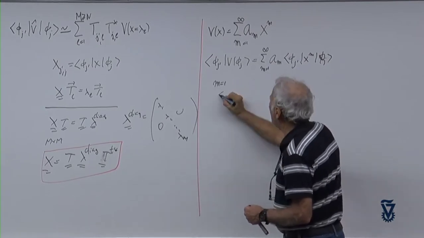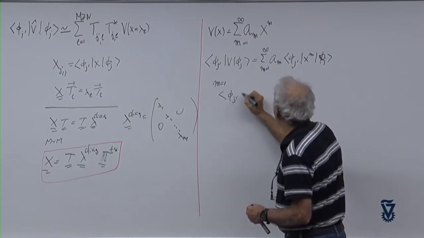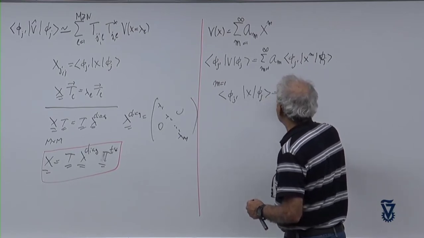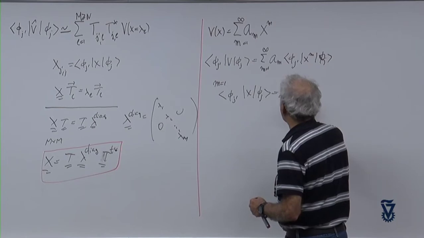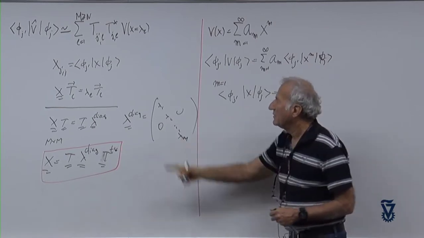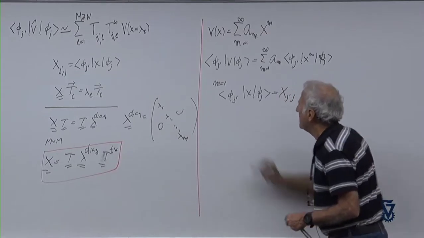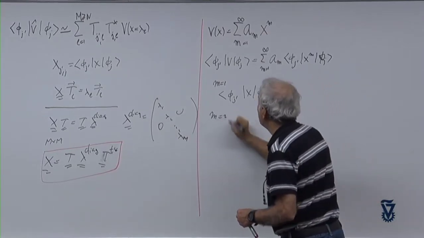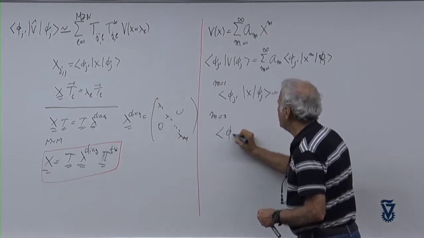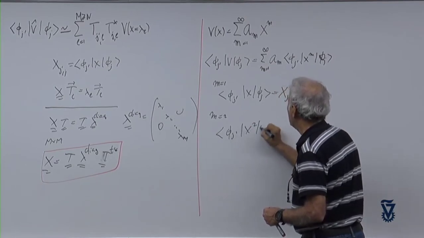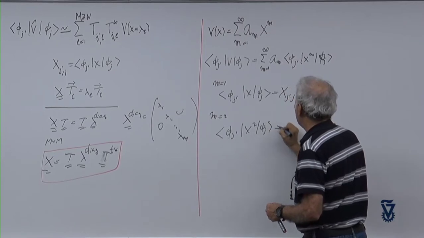For m equal to 1, it's phi j prime x phi j, which is x j prime j that we wrote here.